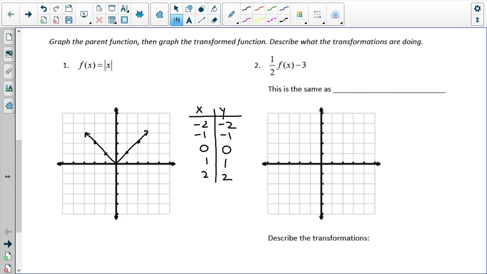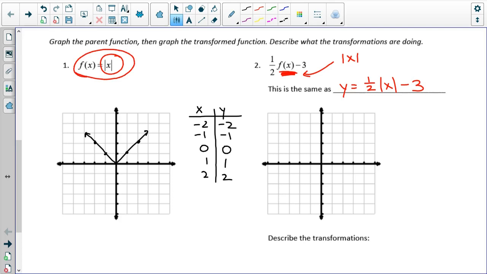Now if I take a look at 1/2 times f of x minus 3, notice that in this problem, f of x is equal to the absolute value of x. So I'm going to rewrite this as 1/2 absolute value of x minus 3, because I can replace f of x with the absolute value of x in this problem.